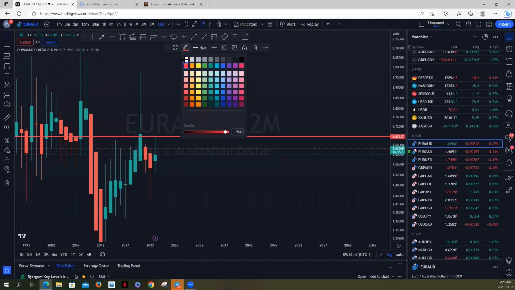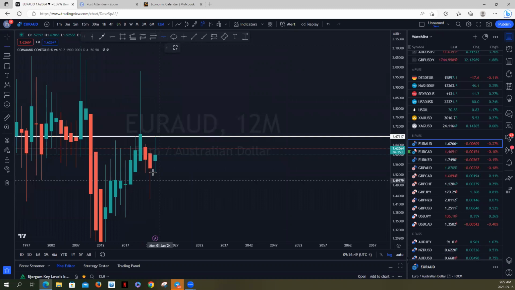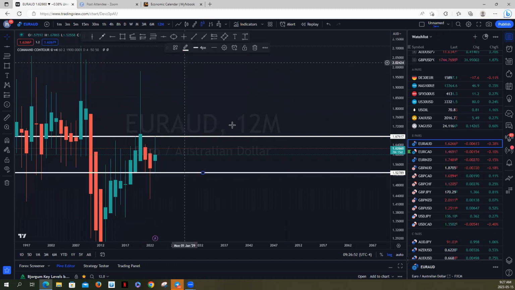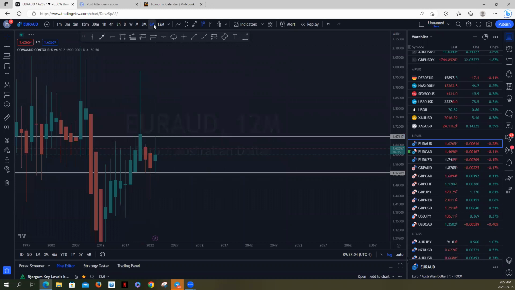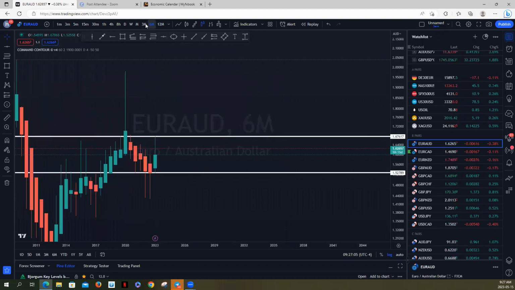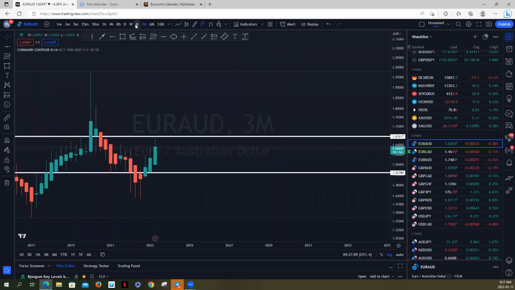Lock these in. Okay, so that's my range I'm dealing with from the 12-month. 6 months. Okay, 3 months.